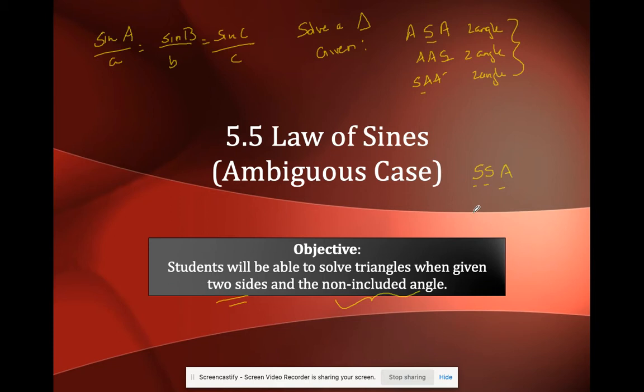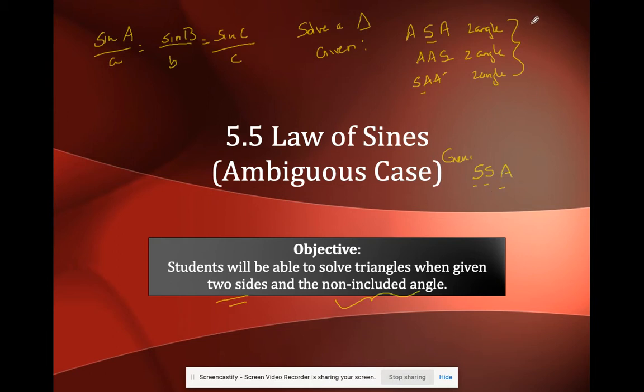It means there's more than one triangle that can be created if I give you this information. Angle, side, angle, angle, angle, side, or side, angle, angle all stand for what you are given: the measures of two angles and the length of one side. For both of these cases, the one side is not included in between. This time, I am given the length of two sides, and an angle that is not included.